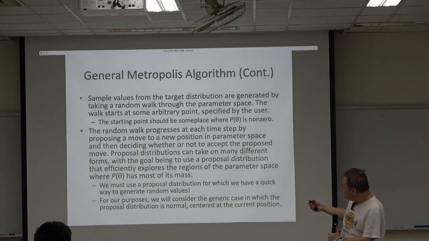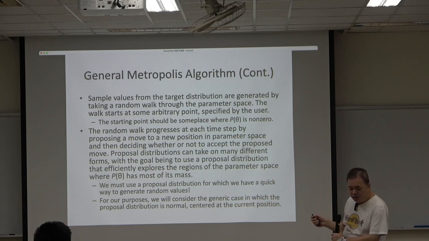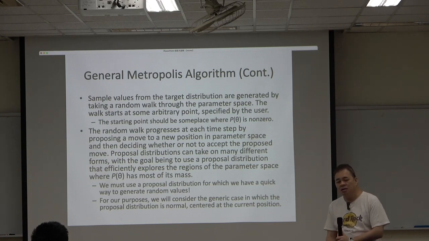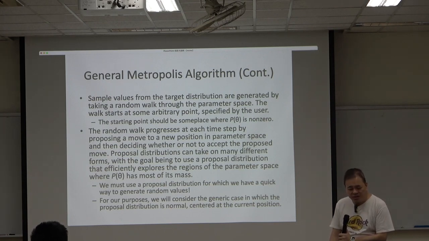Sample values from the target distribution are generated by taking a random walk through the parameter space. So it's still a random walk, and the walk starts at some arbitrary point specified by the user. Just like the partition, we can start the position from island 1, island 2, island 3, island 4 to island 7.